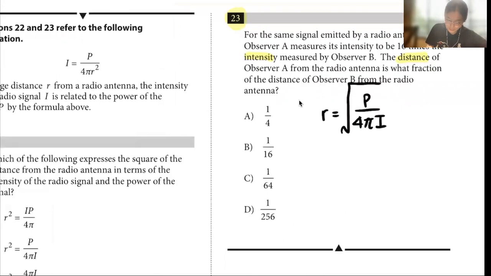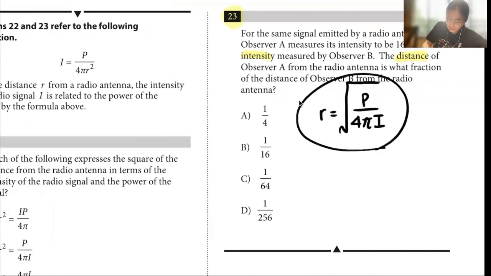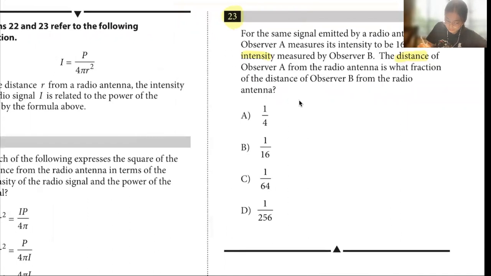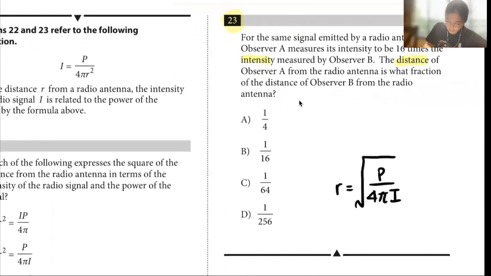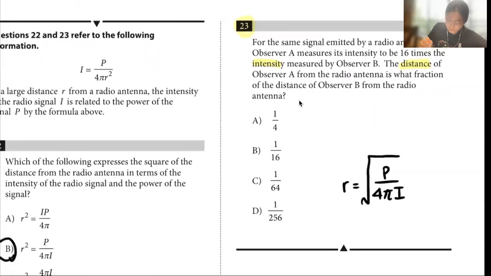So this is going to be our basic expression for the distance. But that's not what we're trying to look for. We're trying to look for the fraction, so the ratio of the two observers.